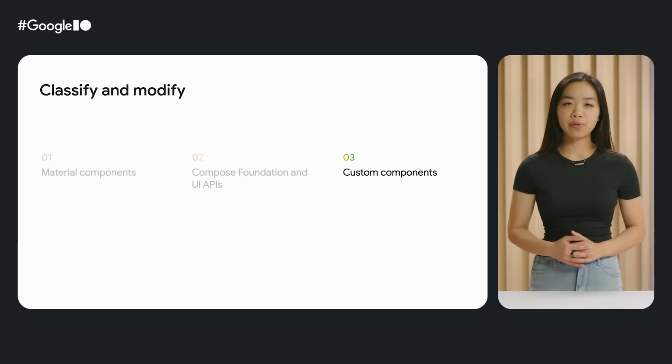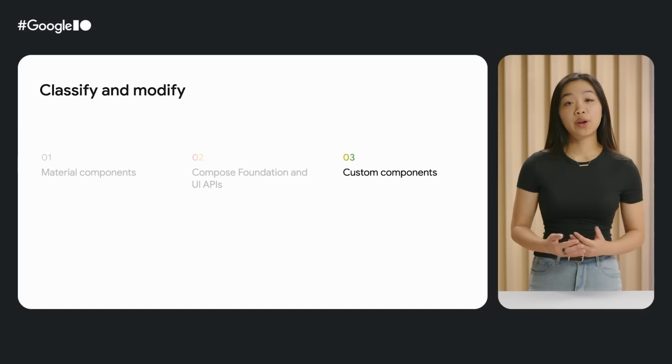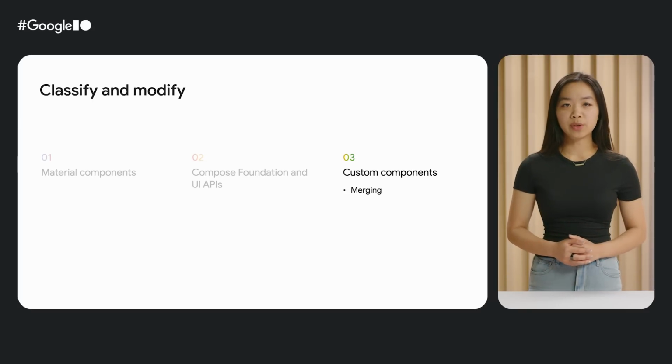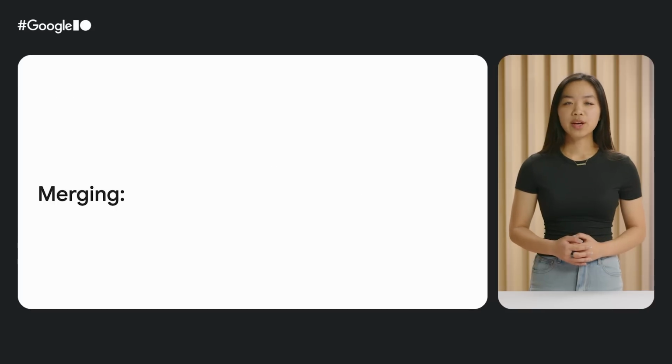So far, we've covered composables with some predefined semantics, but what if you're building your own custom component? As a general rule of thumb, it can be helpful to see semantics of similar components in the material or other Compose libraries. But another tool we can use is manual semantic merging. If your custom component consists of multiple elements, you can manually join their semantic information to treat the component as one entity.